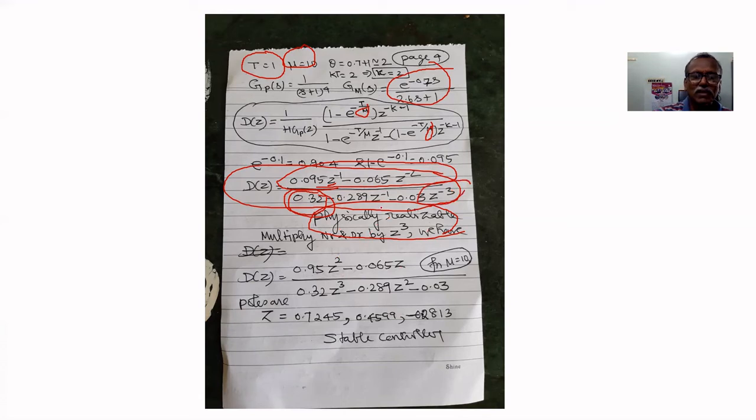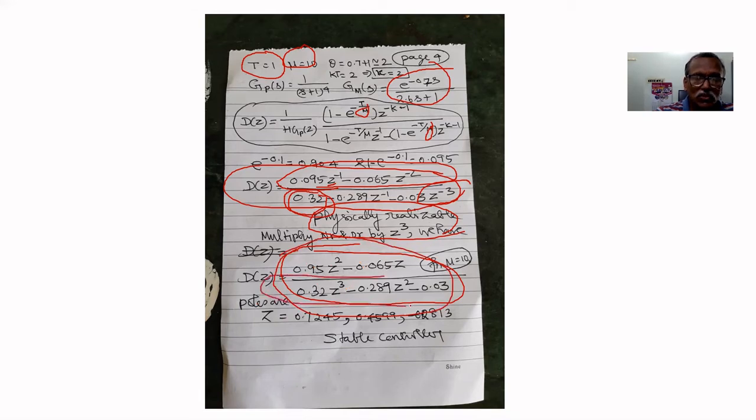Therefore, multiply the numerator and denominator by z power 3 so that it will be in positive powers of z. It is convenient to enter in the Simulink block. We can easily enter this in the Simulink block. That's why we made this into positive powers.